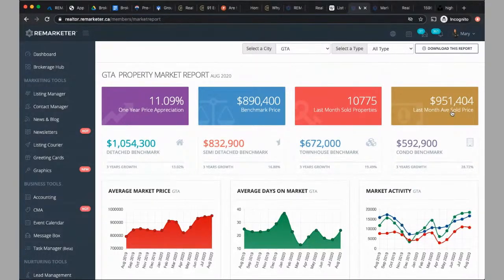Traditionally, these numbers, the average and the median, were used because those are the easiest figures to understand, and therefore they're more widely used in market analysis, not just by agents, but by a lot of other stakeholders in the industry as well.